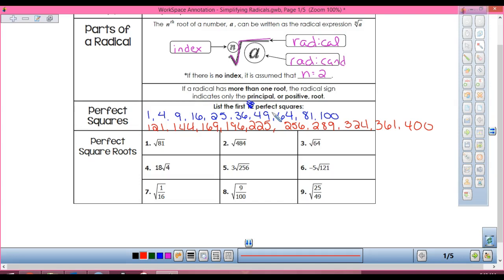All right? So the square root of 81? 9. Square root of 484. All right, so let's talk about calculators. If you have a graphing calculator, it's second and your x squared button.